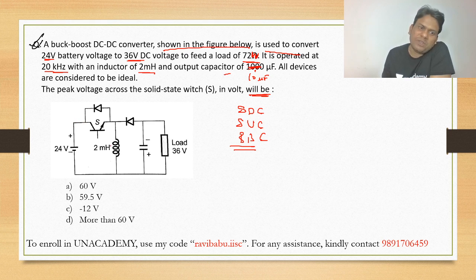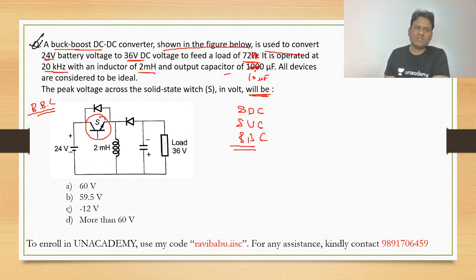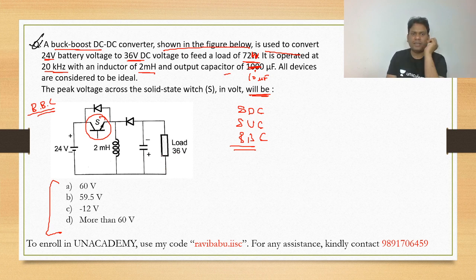And in buck boost, the inductance is present in between the supply and the load. So this converter will be a buck boost converter. Already it is mentioned in our problem. Now in the same problem, tell me what will be the maximum voltage across this switch. You have these options. Read this example carefully and tell me.